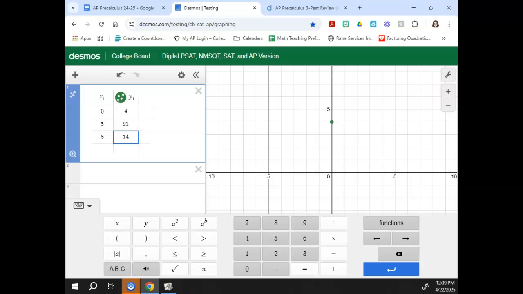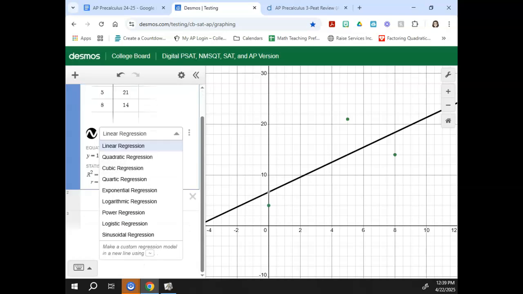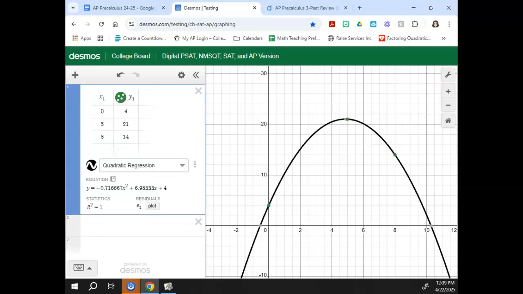And then remember, your default regression is always linear, but what do we really want? Quadratic, right? Quadratic.